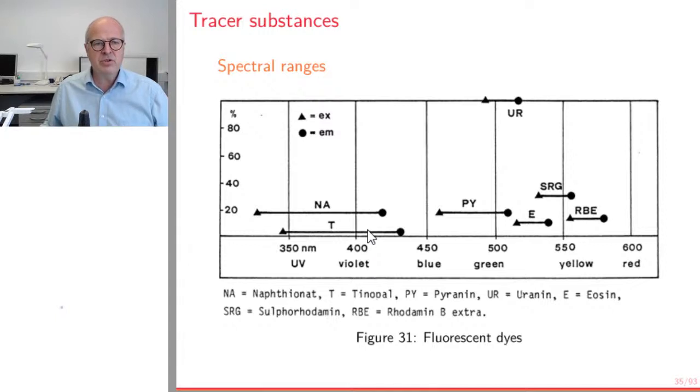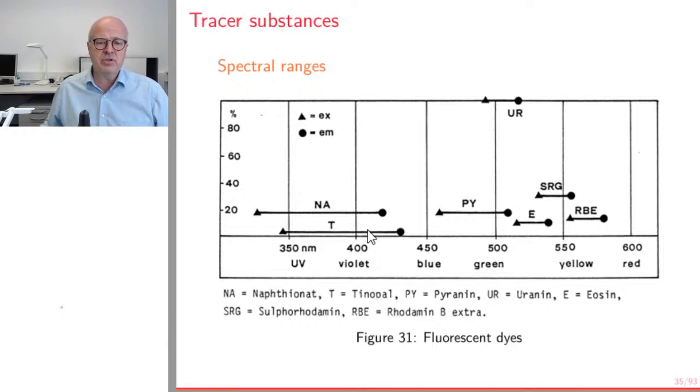So uranine is the most efficient tracer. The light invested, if you want, is re-emitted with a very high efficiency. Now this is scaled to uranine, so compared to uranine it's the most efficient tracer.